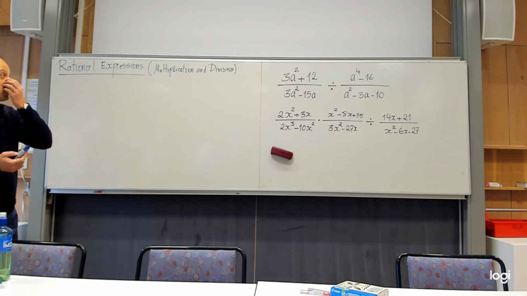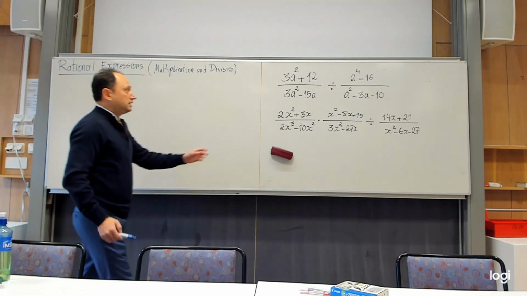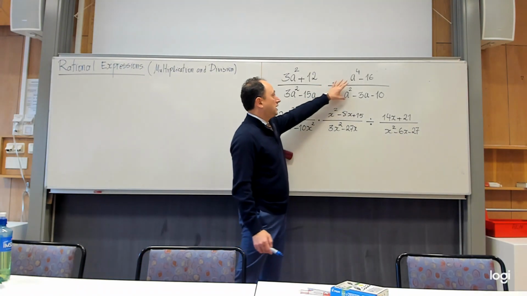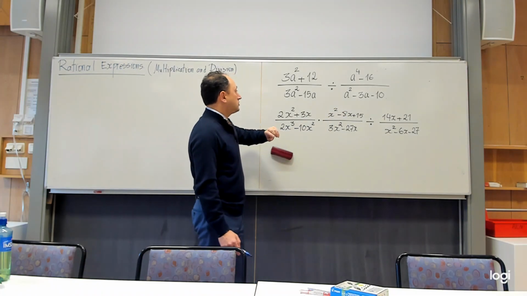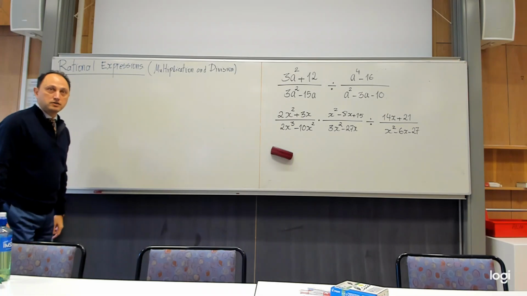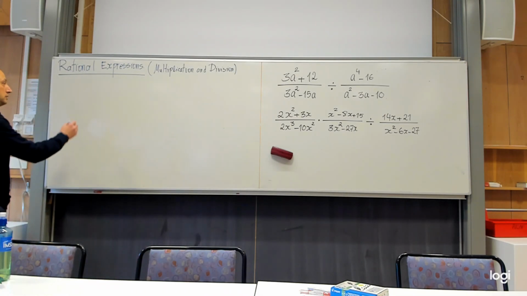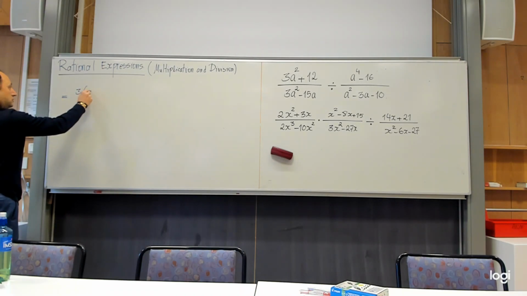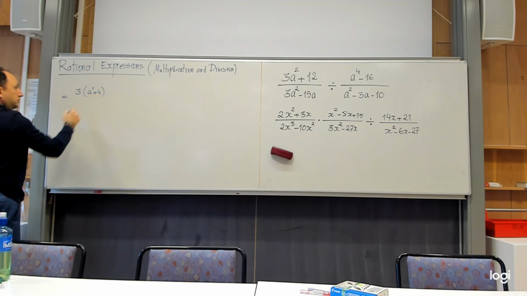So if I want to solve that one, I know that this is a division, I have to change it into the product, and then I have to reverse these two. But I know that at the end I have to start factorizing things, yes? So why not just do it from now. Can I do something in the numerator of the first one? Yes, I can factor the 3 out, so it becomes a squared plus 4.